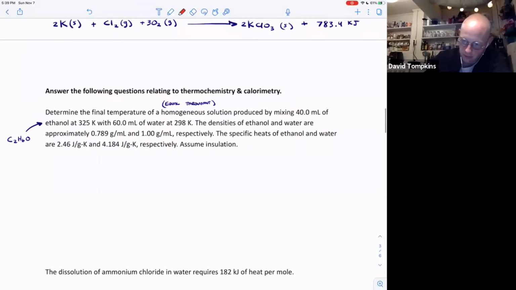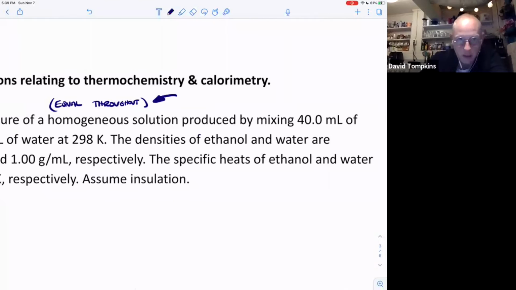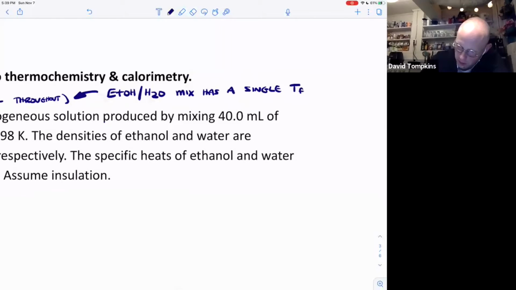So if you're making one homogeneous solution, then that means that the ethanol water mixture has a single final temperature. Or this mixture is going to be in thermal equilibrium.